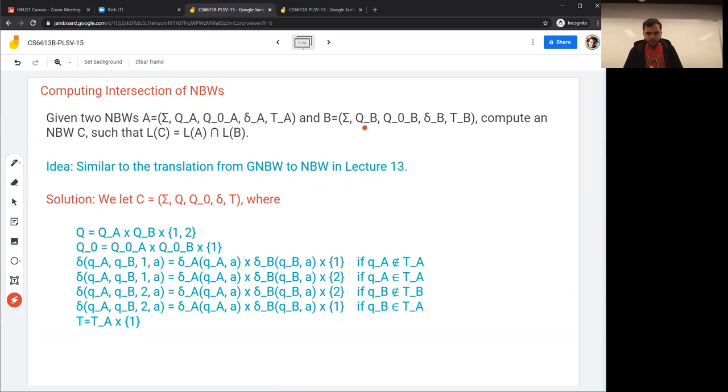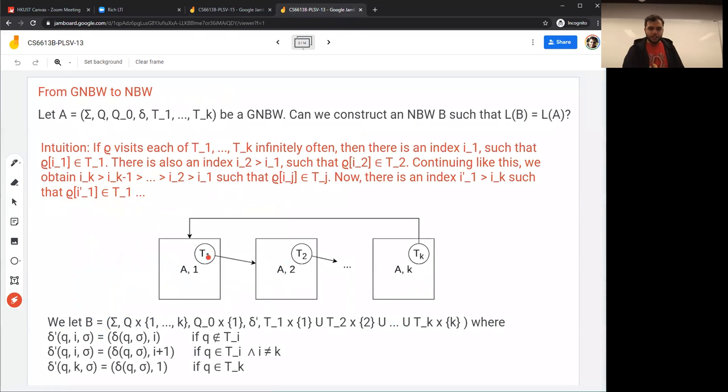So we need two different ideas at the same time. One idea is that I'm taking the product automaton of A and B. The other idea is that I take two copies, and every time I see a target in A, I go to copy 2, and every time I see a target in B, I go back to copy 1.